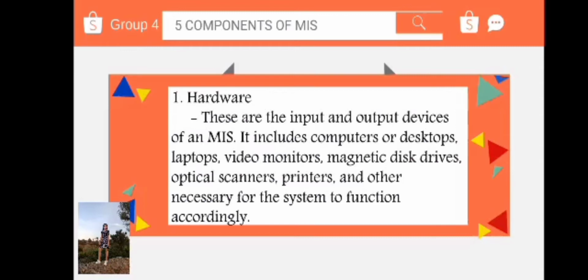For example, sa mga big hotel po or big company, computers po ang mga ginagamit nila sa pag-store ng kanilang data. Sa mga nag-start pa lang po na business, like yung maliliit pa na hotel, ang mga ginagamit pa lang po nila is laptops. So, malaki pong tulong ang hardware pagdating sa mga hotel or mga company.